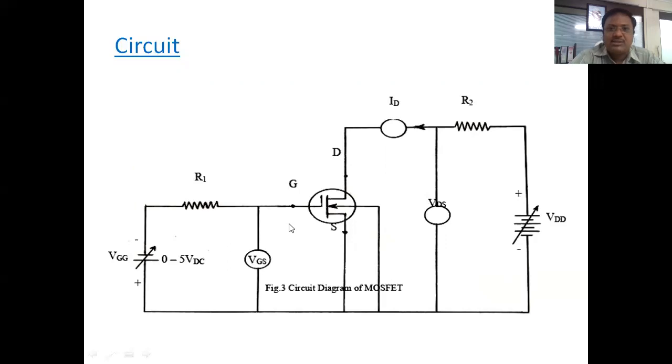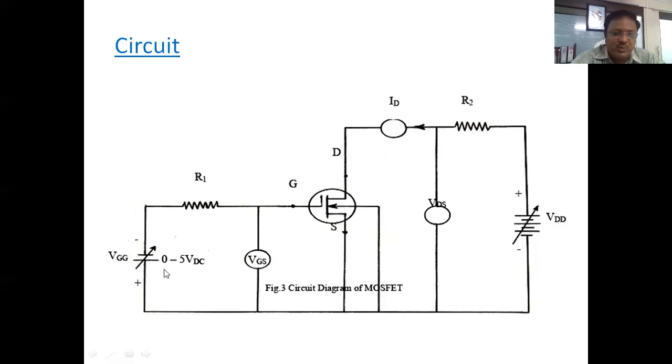To plot the characteristics of the MOSFET, we have a circuit diagram set up like this, in which we are using our MOSFET device. See, the substrate is connected to the source. Then one power supply called VGG and another power supply called VDD, so we are using two power supplies.